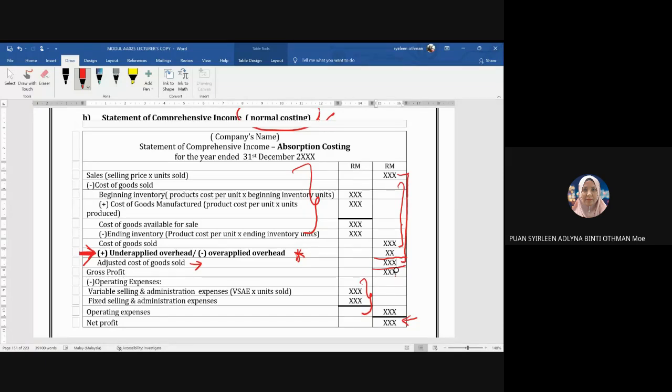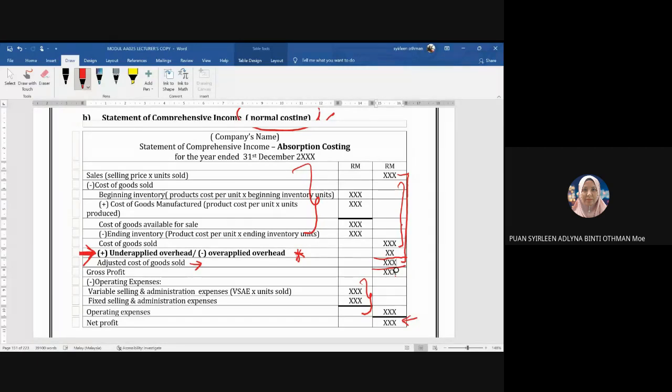Kenapa? Sebab bila production, I did mention this in topic 5 kan. Applied MOH, the actual MOH dalam production kita hanya boleh dapat kira once the production is done, finish, habis, selesai. So itu berlaku semasa kita tutup account. Jadi pada masa hari kita tutup account tu, semua ledger dah ditutup.